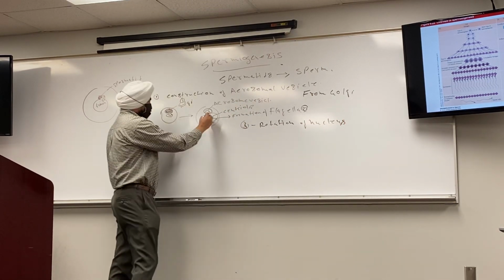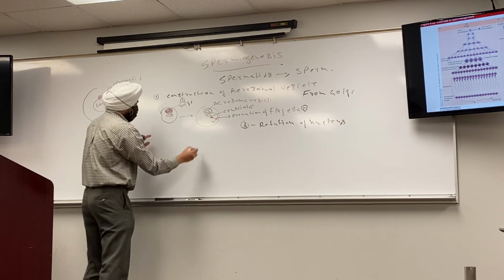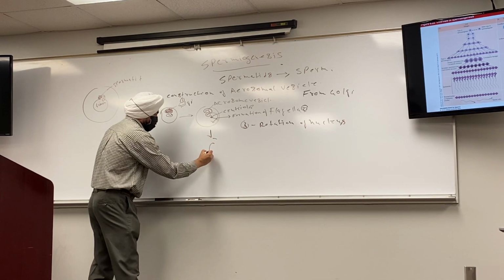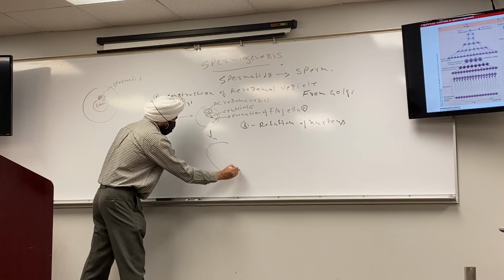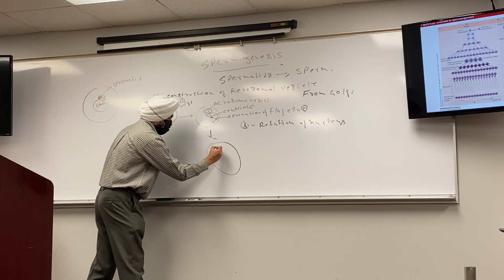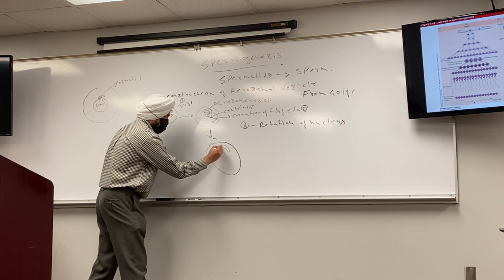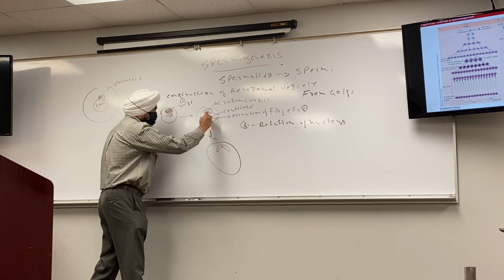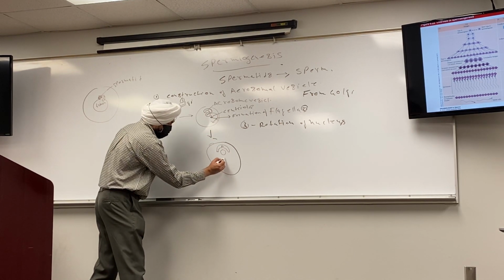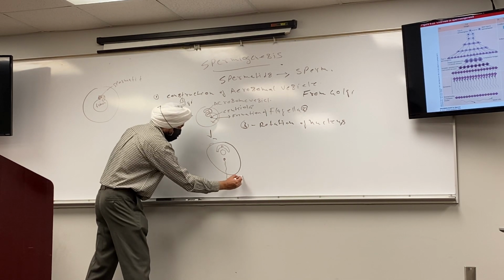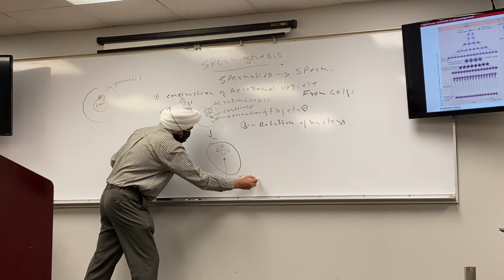So this rotation of the nucleus takes place, and what is going to happen then? This is your spermatid again. This is your acrosome, and now your nucleus has rotated. So the centriole is coming here, and this flagellum is now in this direction.